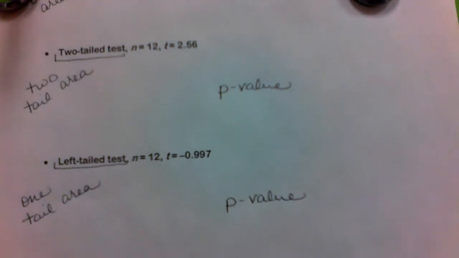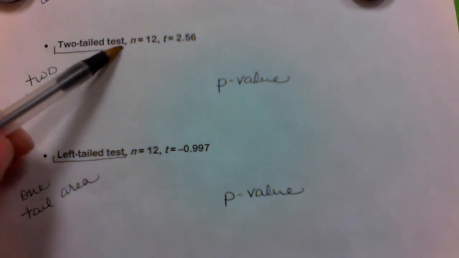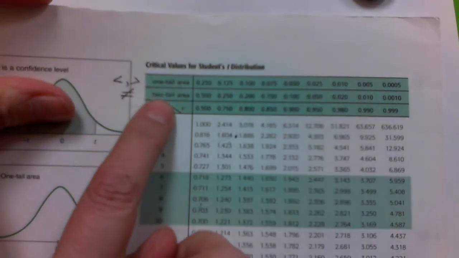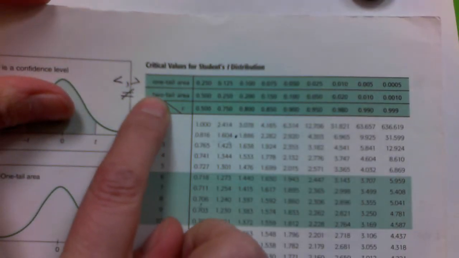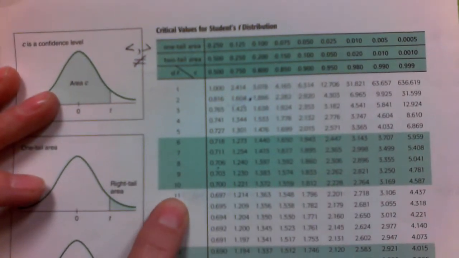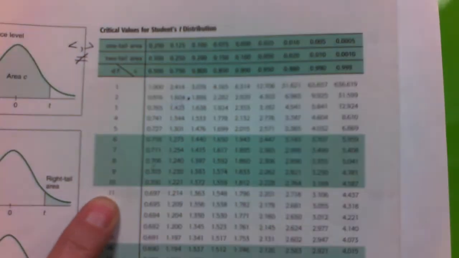Okay, now look at this one. We still have the same DF, but now I have a two-tailed test, so I need to use the two-tail area. So when I travel up, I want to use here where it says two-tail area, so be careful there. So 2.56. So on 11, I'm looking for 2.56.